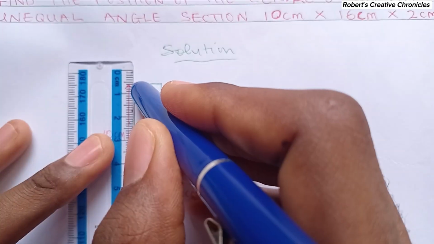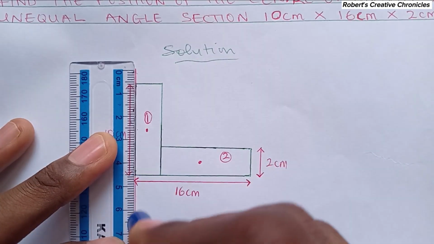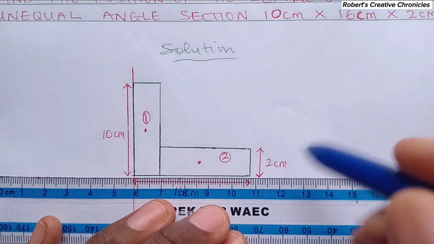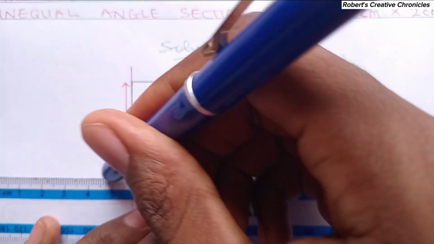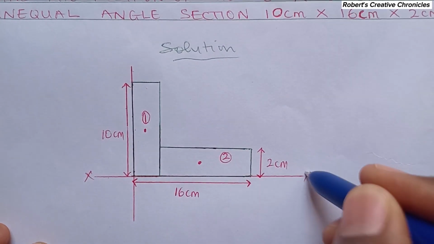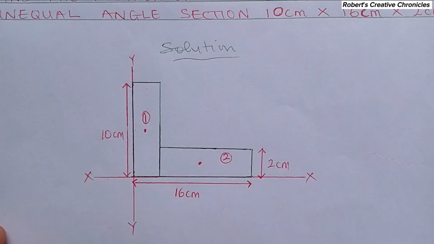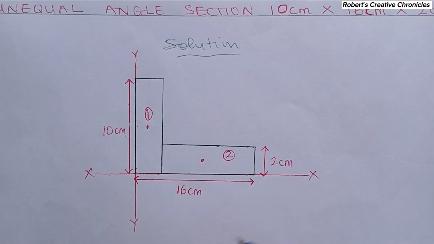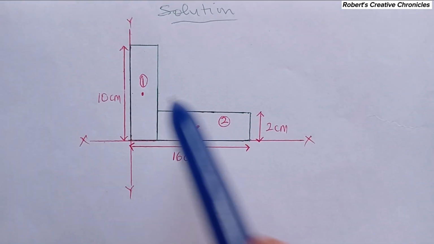So now, let's put the reference axes. This will be my x axis, and this is my y axis. Now we are using the method of moments to find the center of gravity.